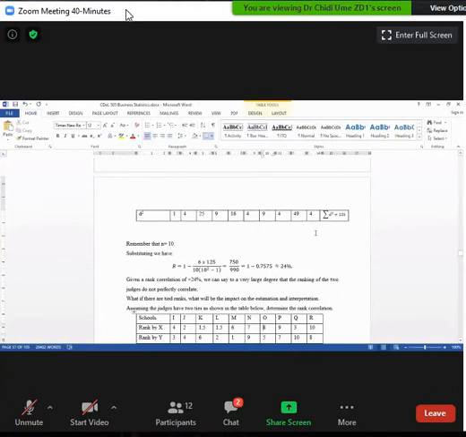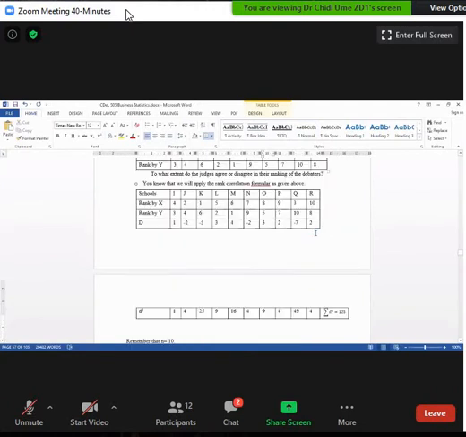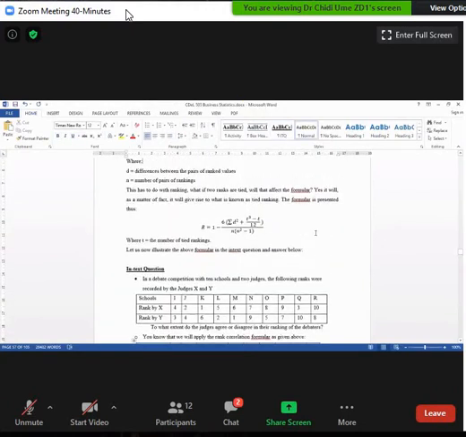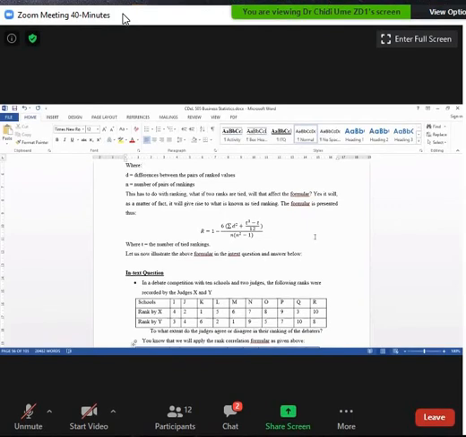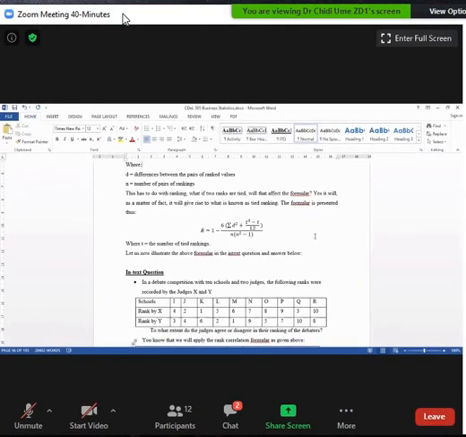Then there's another angle to this. When you have tied ranks, for example, if Judge A gives someone 2 and Judge B gives someone 2, we call that a case of tied ranking. Now, when there are tied rankings, the formula will change.